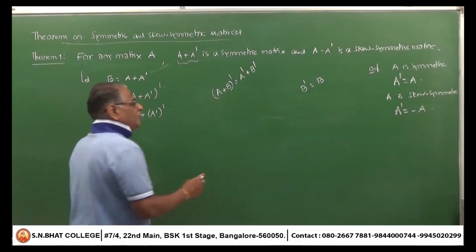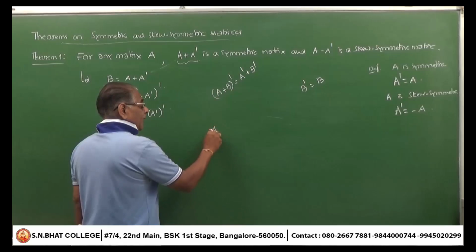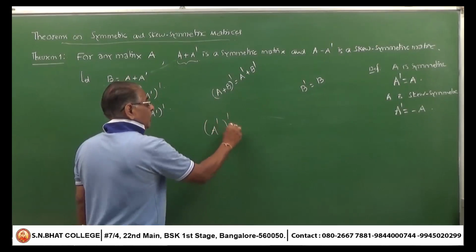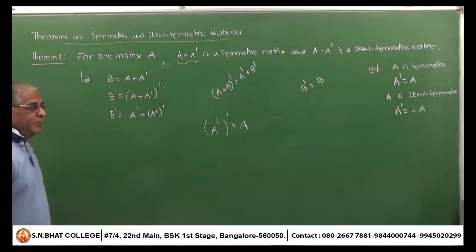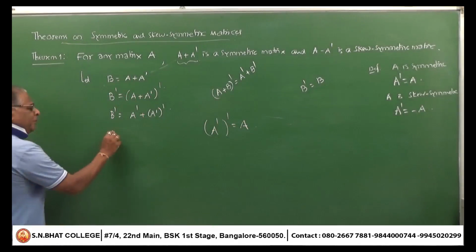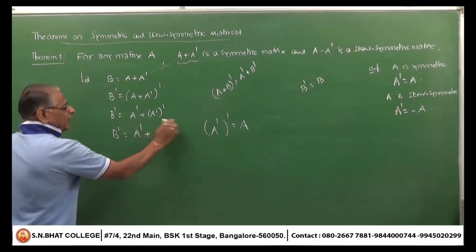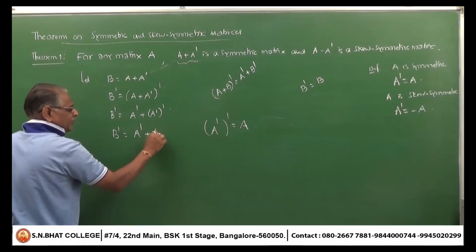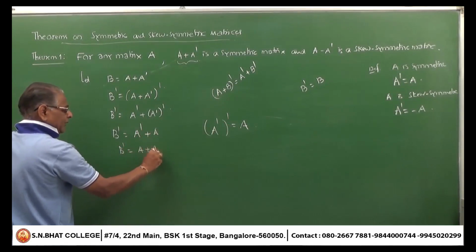By the properties of transpose, A transpose of whole transpose is A. I have given this in the properties of symmetric matrix. Therefore, B transpose is equal to A transpose plus A transpose whole transpose, which is A plus A transpose.